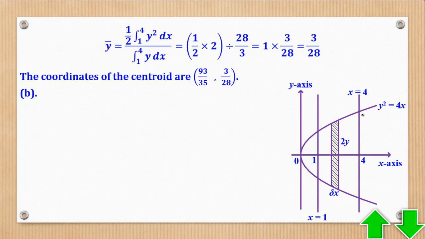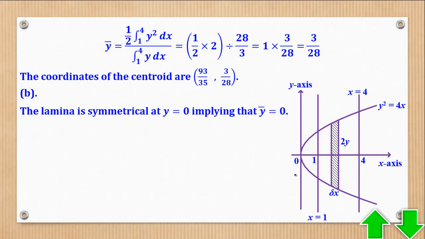And you realize that now the height is 2y because we have this y and also this y to give you 2y. Thickness is small change in x. And here, this one is symmetrical about the x-axis, meaning that the center of gravity lies along y equal to 0.